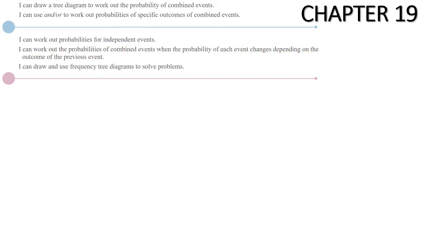Now, one of the other things we need to look at is a frequency tree. Okay, now a frequency tree diagram doesn't have probabilities on it, it has numbers, frequencies. So let's say there's a factory, and let's say it has 400 workers.